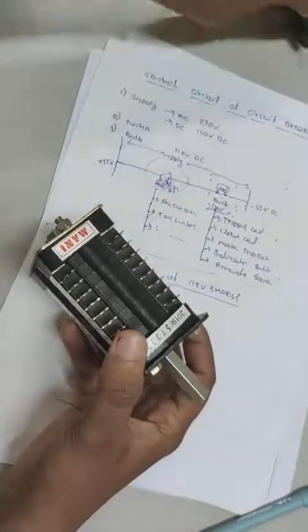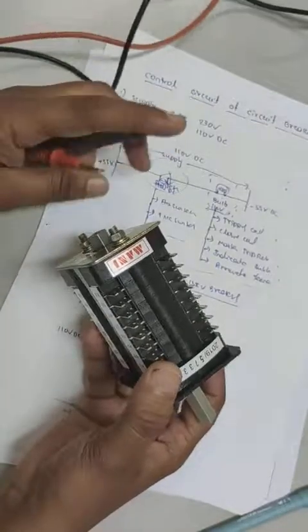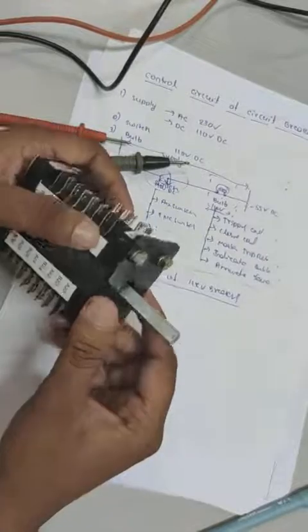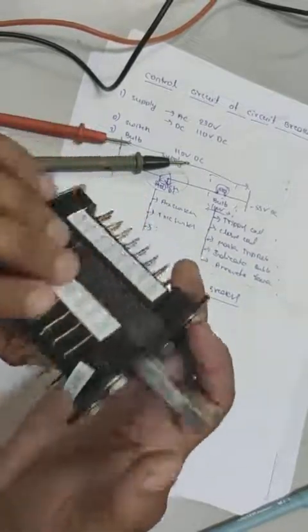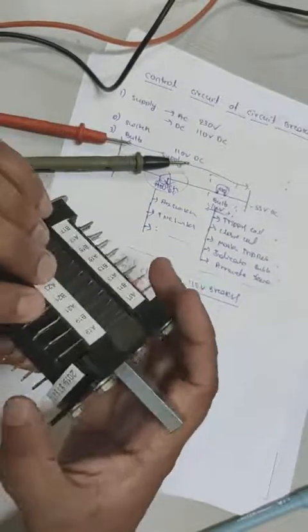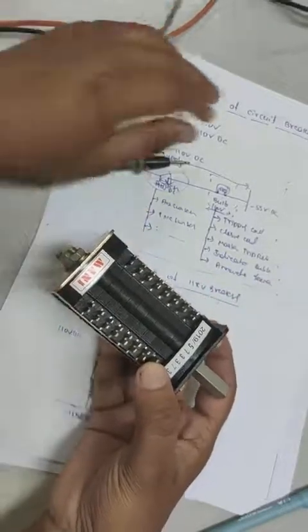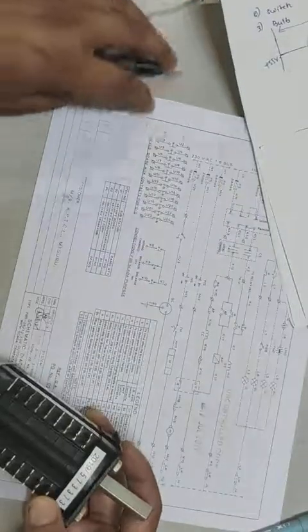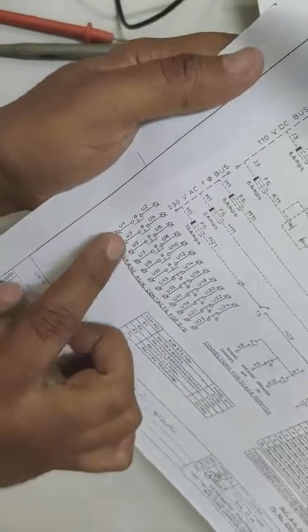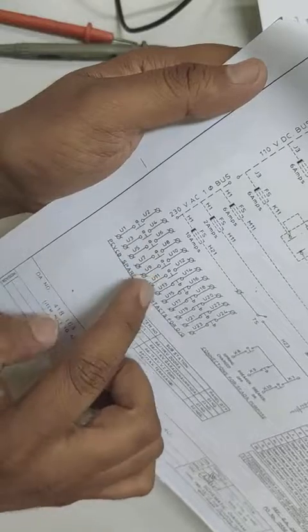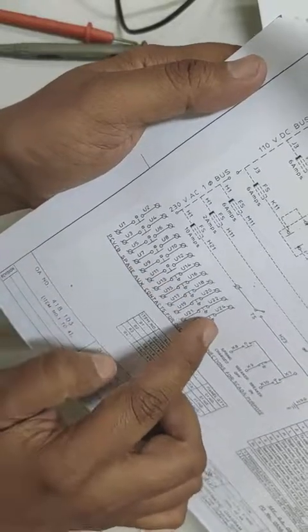The specialty of this switch is that it has diagonally opposite contacts, like A12 and this side A11. These two are single contacts. Here you can observe that these are spare contacts actually. U1, U2, U3, U4 are all NO contacts. 5 NO, 5 NC.